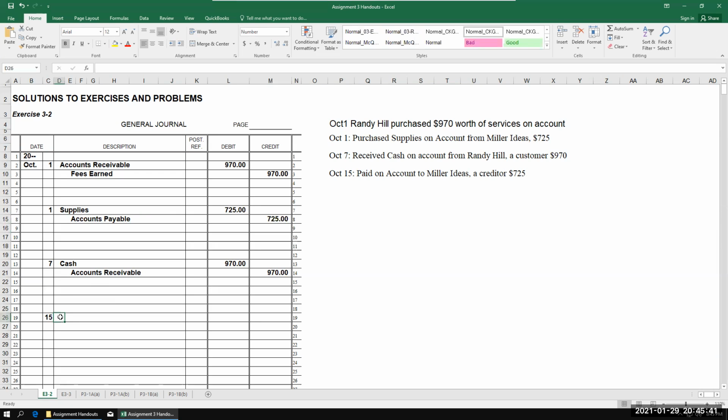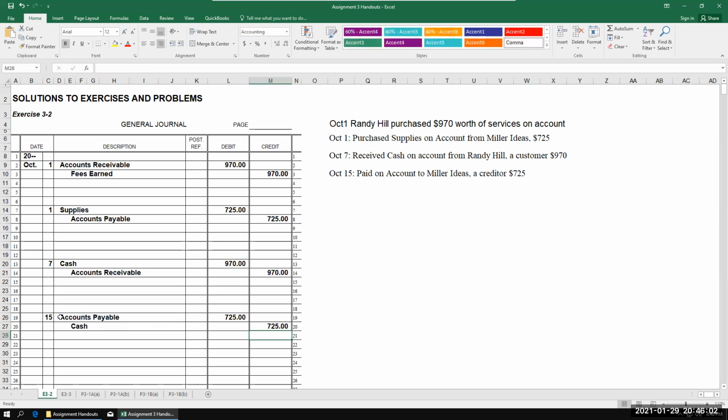In that case, we'll go here and we'll do accounts payable for $725. And because we're paying cash to pay off our debt, we're going to credit cash again for $725.